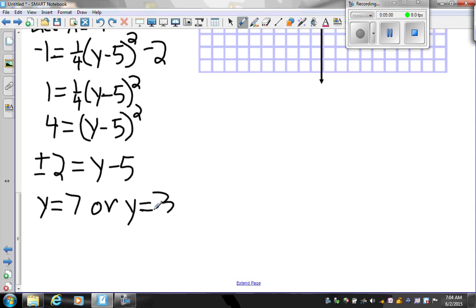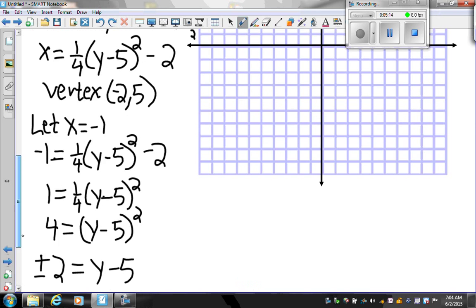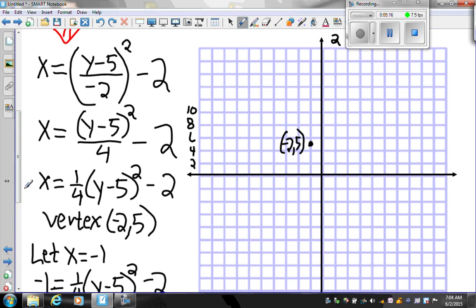So we get 2 more points on our graph, negative 1, 7, and negative 1, 3. This will help us to know how wide our parabola is. So negative 1, 7 and negative 1, 3. Let's put those on our graph. So there's 0, negative 1, 2, 4, 6, 7. Negative 1, 7. And negative 1, 3.